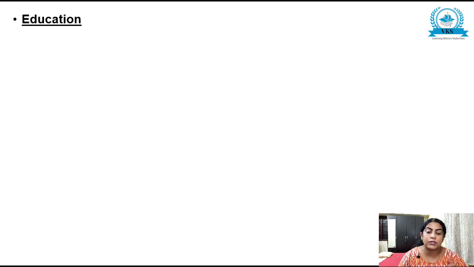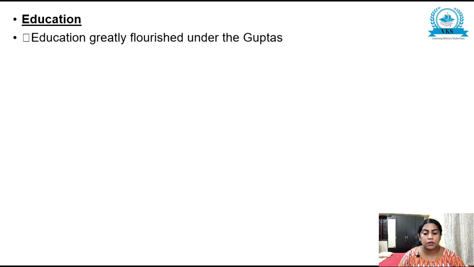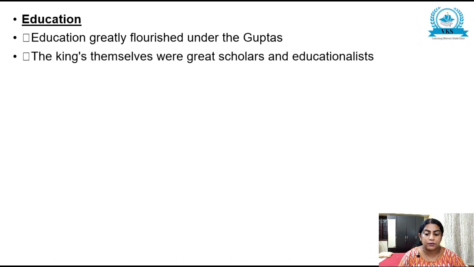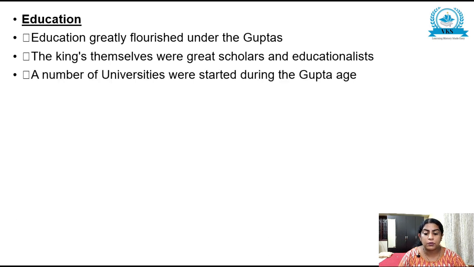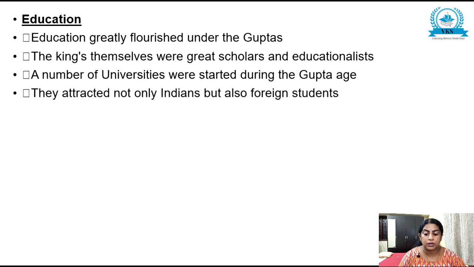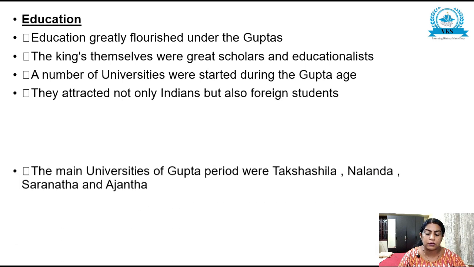So that is the first subheading. First the introduction you wrote, then the first subheading, that is revival of Hinduism. The next heading is education. Education also greatly flourished under the Guptas. The kings themselves were great scholars and educationalists. A number of universities were started during the Gupta age, and these universities attracted not only Indian students but also foreign students.